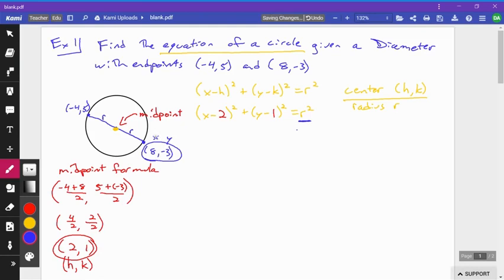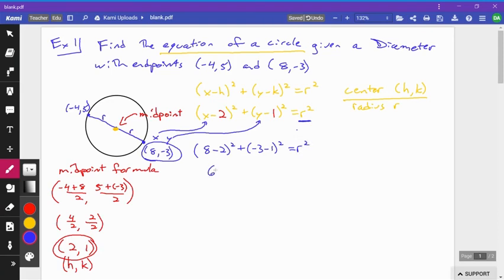So I'm going to plug the 8 in for x, the -3 in for y, along with my center. That'll give me what r squared is. So here's what I get. (8 - 2)^2 + (-3 - 1)^2 = r^2.